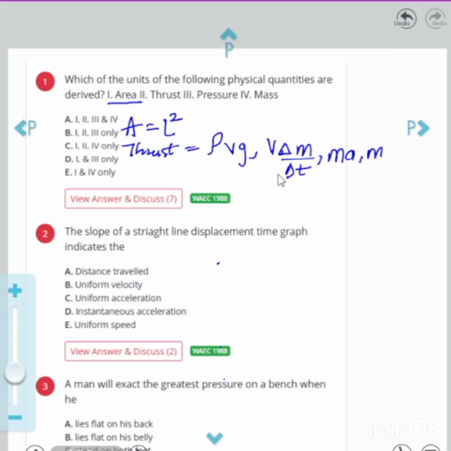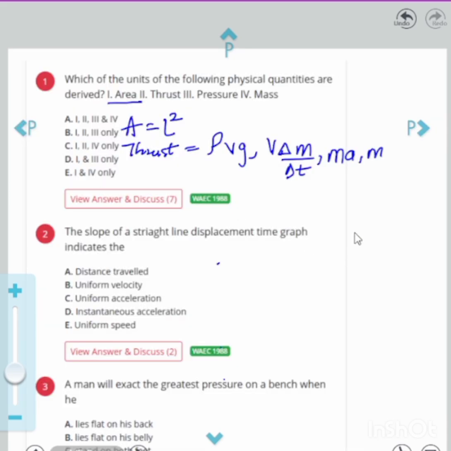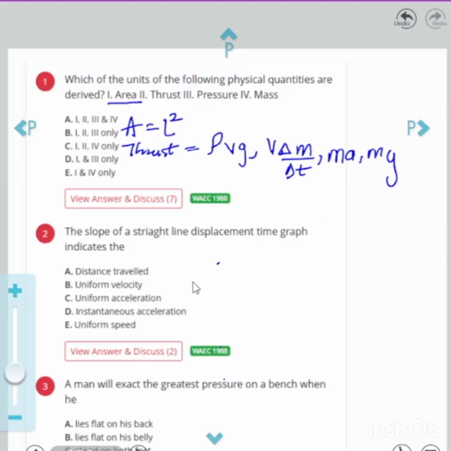Mass times acceleration due to gravity. All right, so let me write that down here. So we have thrust also to be a derived quantity.